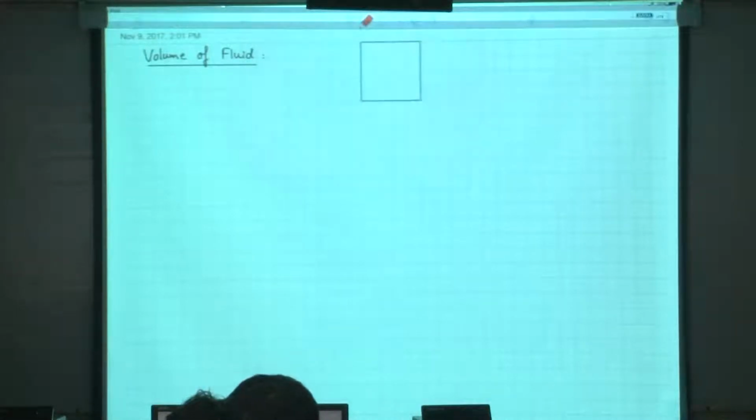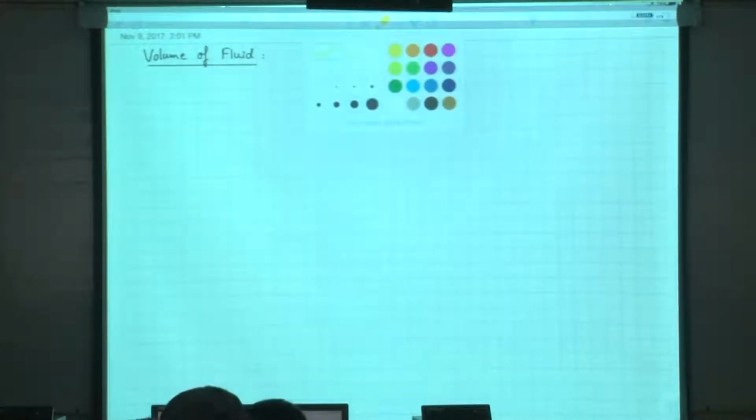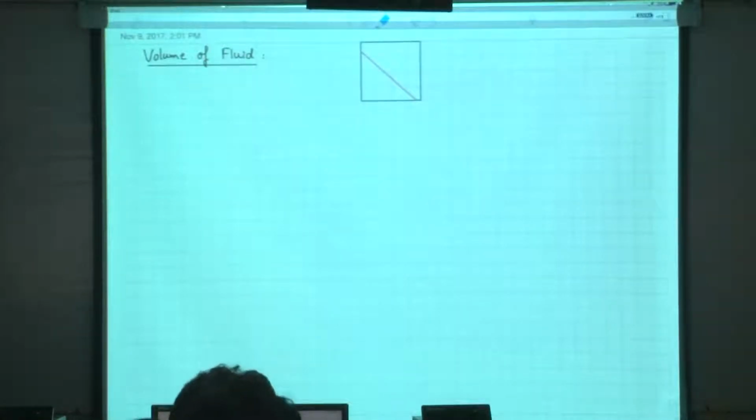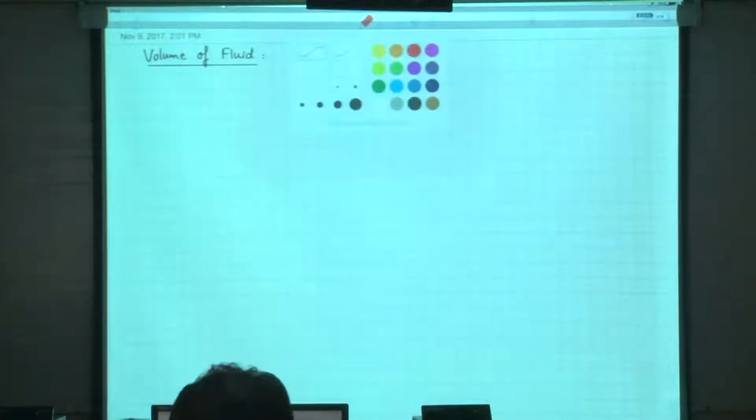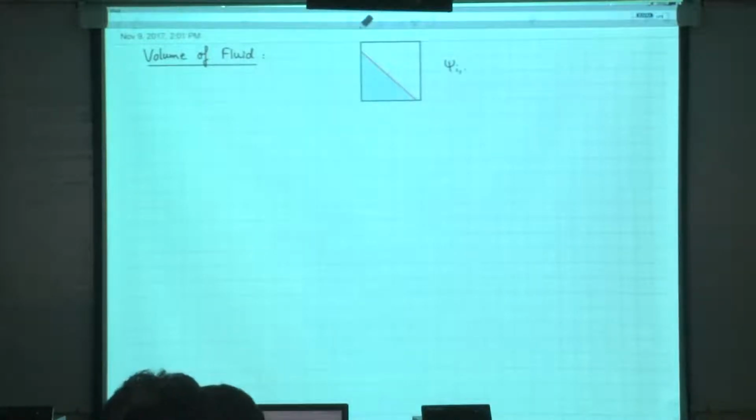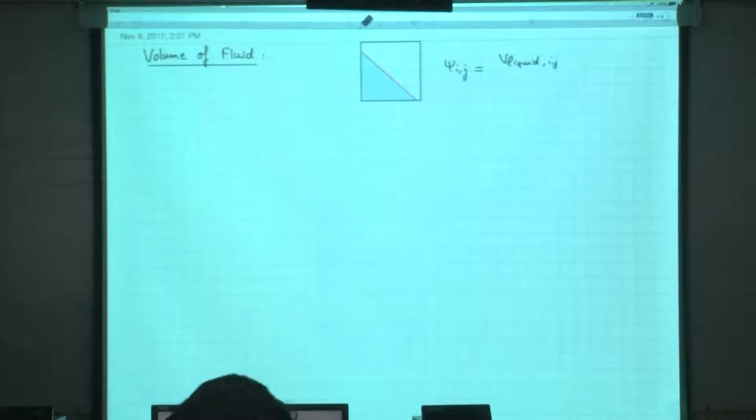Here, let me remind you that we're interested in the question of the transport of an interface that's implicitly represented via psi ij, which is defined as the volume of liquid in cell ij divided by the volume of cell ij.